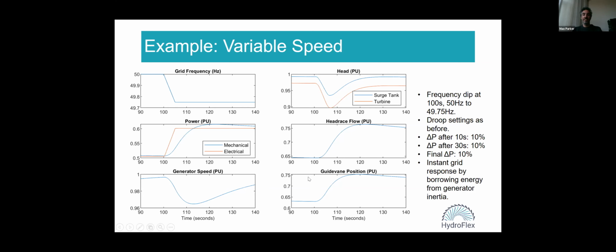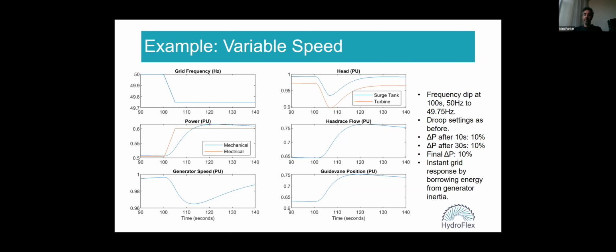So, this seems well and good. Job done. You can get lots of power, and you can get it instantly. The trouble with this is that there's a limit on what you can actually provide.